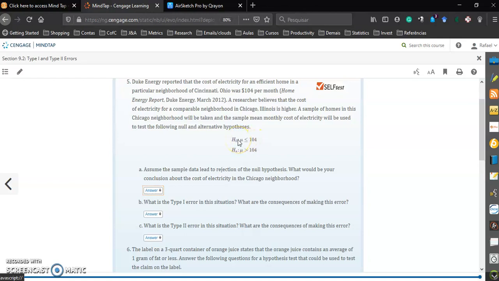Okay, and why does this happen? Well, this happens because we are using a sample and not the entire population to make the decision, and the sample may be biased. Maybe the researcher was not lucky and got a very biased sample, and then led to rejection of this cost of electricity, and now everyone's going to believe that it's higher when it's not.